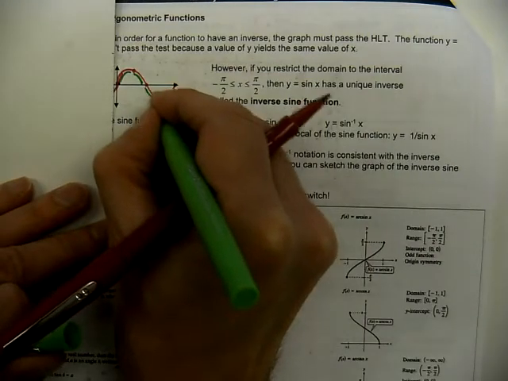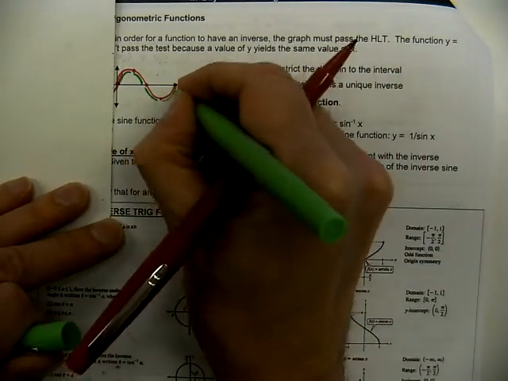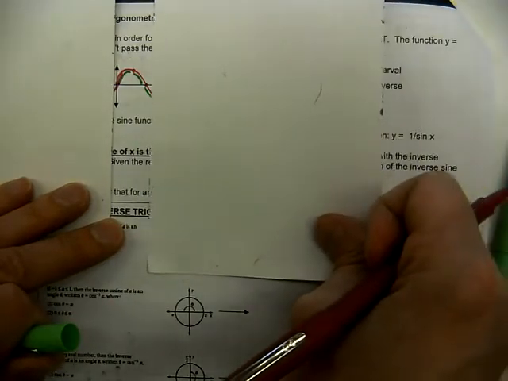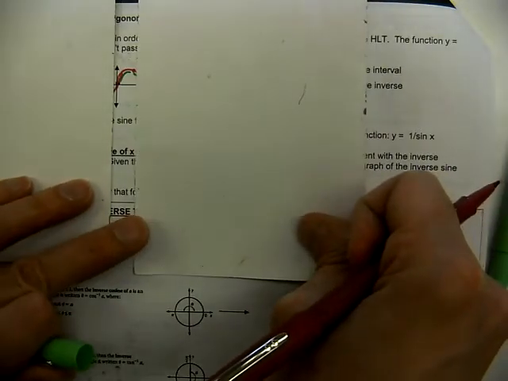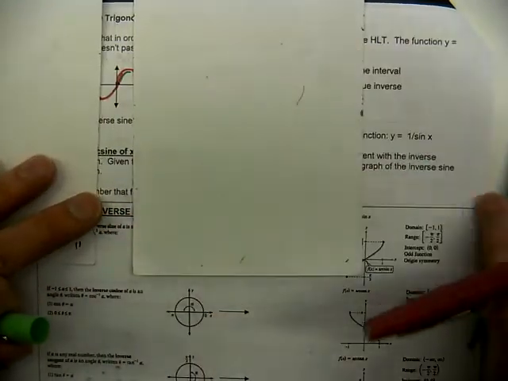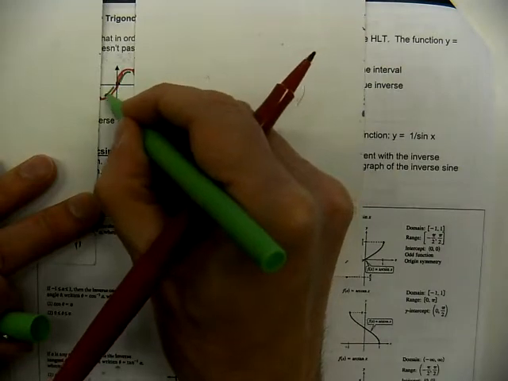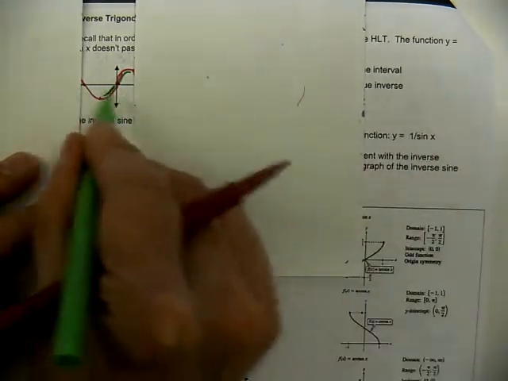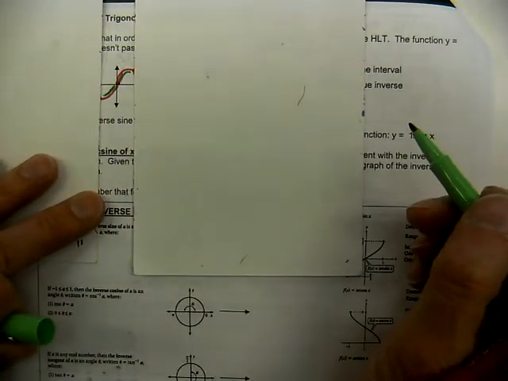The next part comes from quadrant 3, and the next part comes from quadrant 4. And we're throwing out all of those pieces that would cause it to fail that horizontal line test. If we go in the other direction, we can include this quadrant, but not any more than that, because now it would fail the horizontal line test. So we're just keeping that very narrow window.